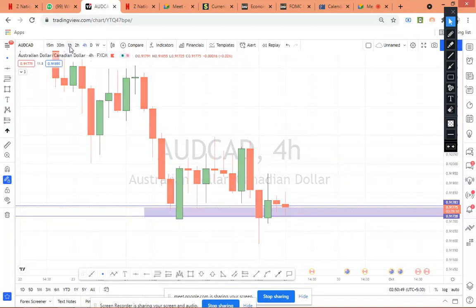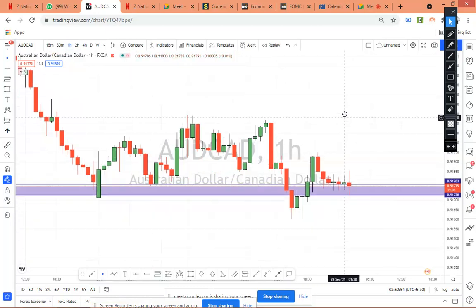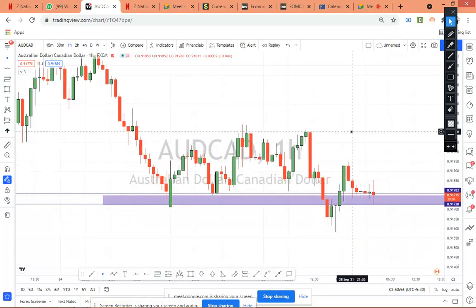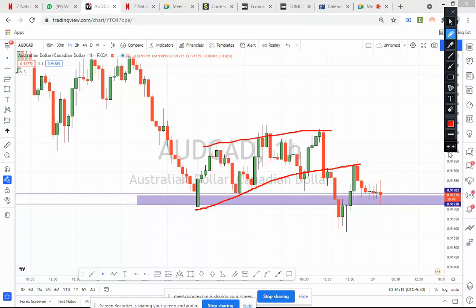Let me now go to the 1 hour and check what is happening. On the 1 hour, we have some buyers' movements, some buyers' entries and a breakout, and here also a bearish flag pattern. Maybe the market should go more down. So let me draw the pattern.